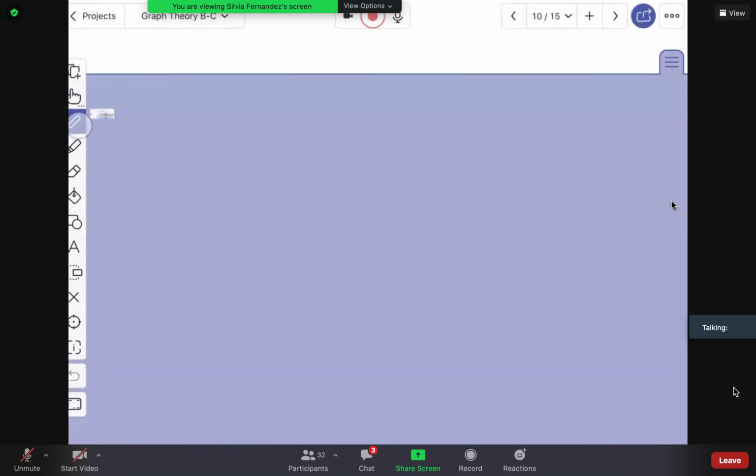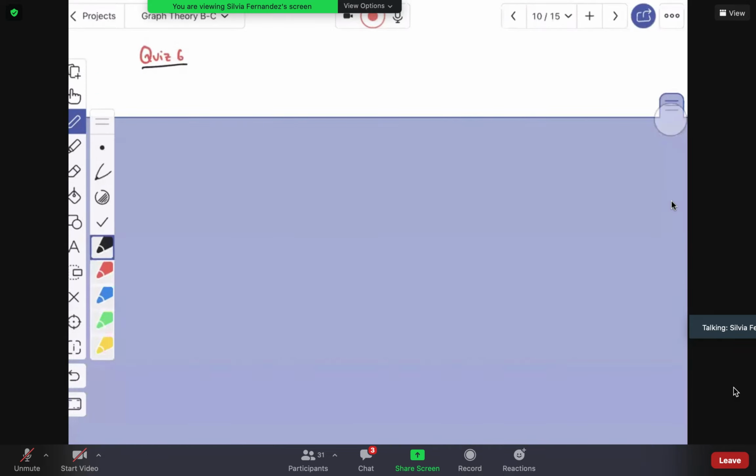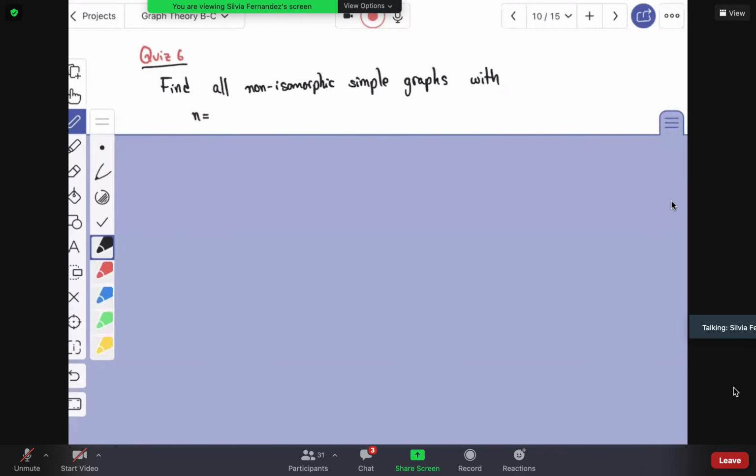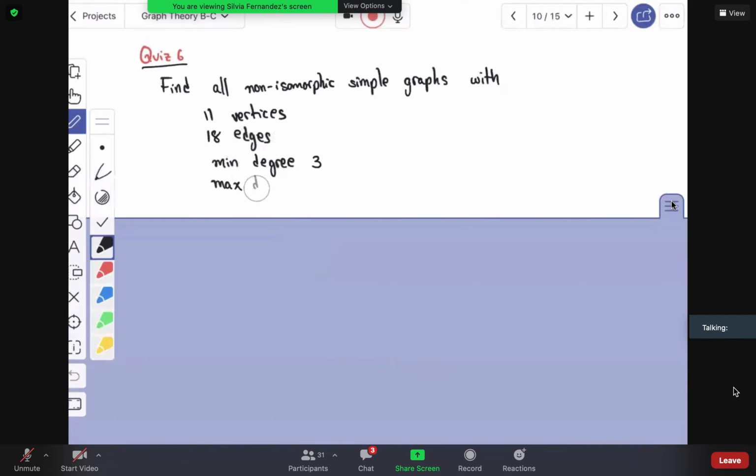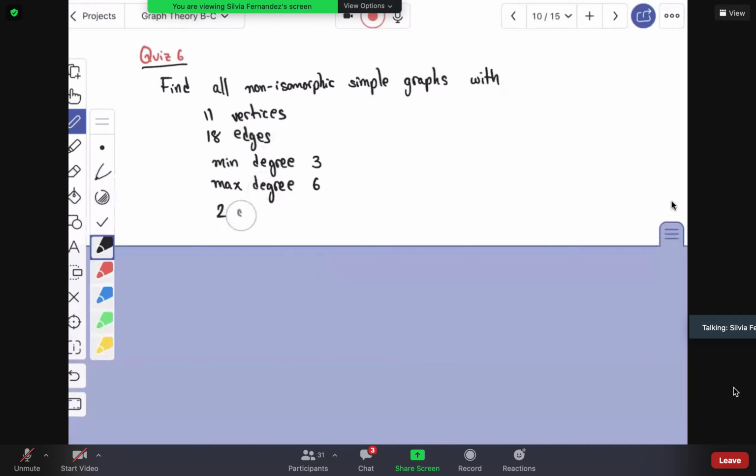On quiz 6, you had to find all, so it was something like this: find all non-isomorphic simple graphs with, I think it was 11 vertices, 11 vertices, 18 edges, minimum degree 3, maximum degree 6, and 2 connected components. And that was it. Okay?